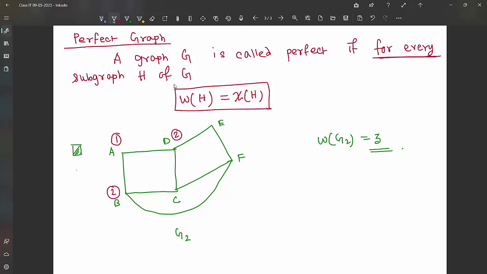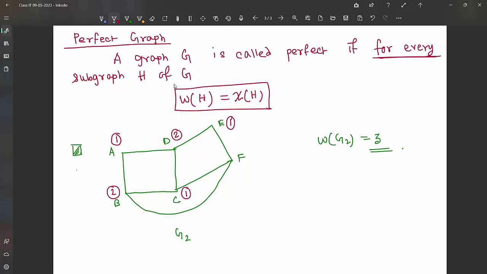After that, C can be colored by 1 again, because there is no connection between A and C. So just color C using 1. And then we have E and F. E is adjacent to D but not adjacent to C, so you can color E using 1. Right?